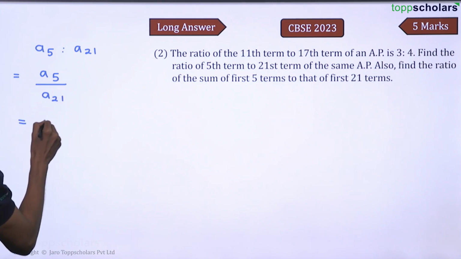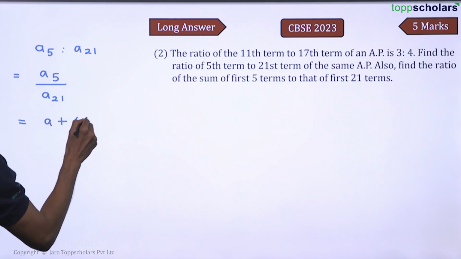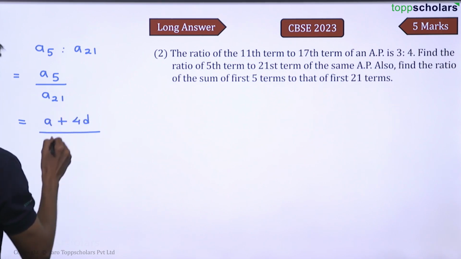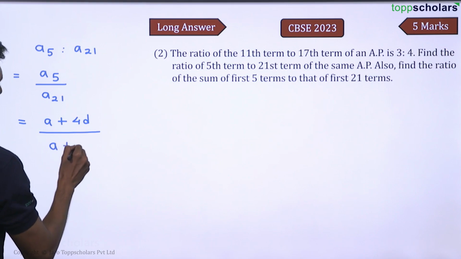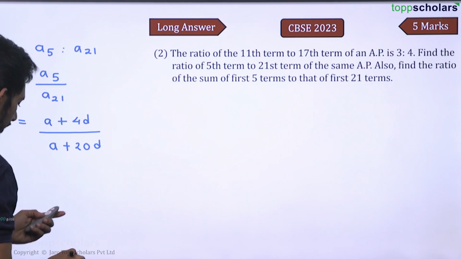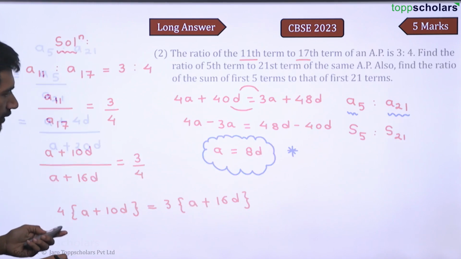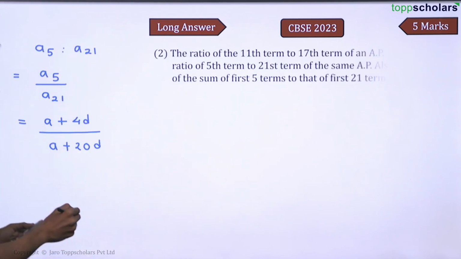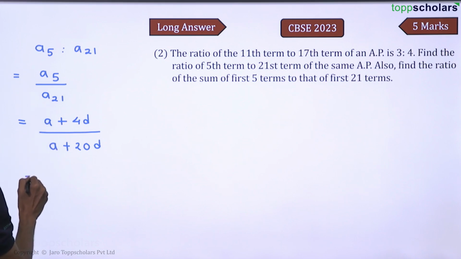Now what is a5? a5 is a plus 4d. What is a21? a21 is a plus 20d. But if you see, what is a? A is 8d. So let us put 8d here.